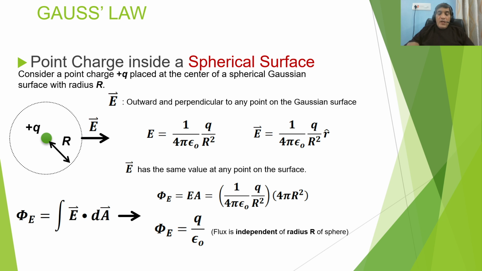So keep that in mind. Electric flux is independent of the shape and size and depends only on the charge enclosed, and the electric field does depend upon the radius of the particular surface.